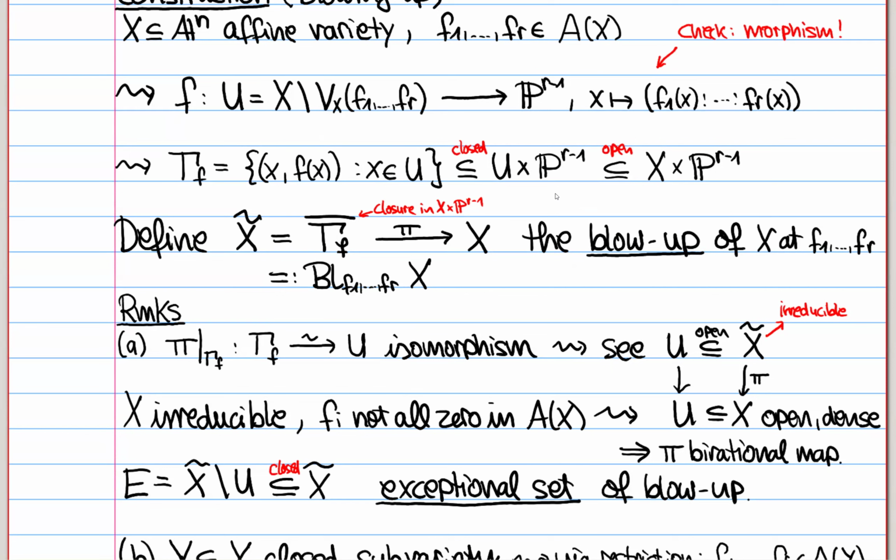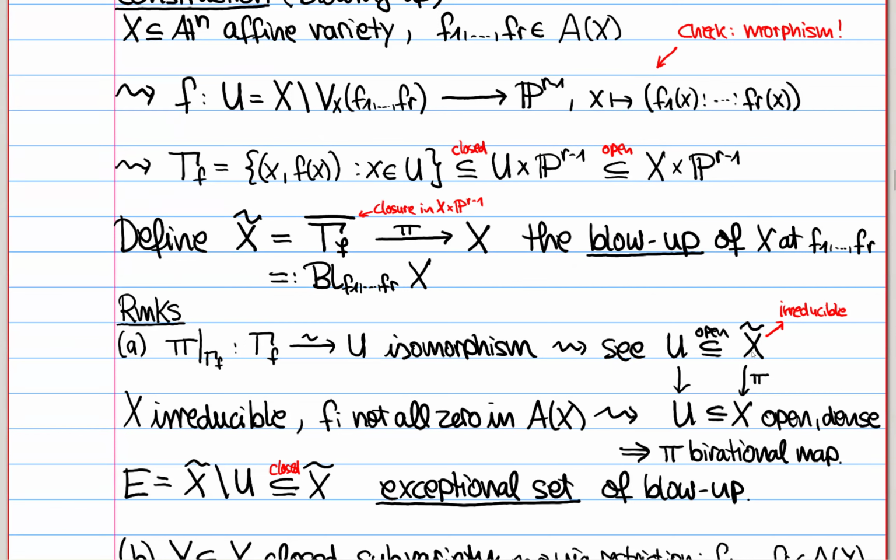So what I'm saying here is, it's a purely topological claim that taking the closure inside here and then intersecting again with U cross P^(r-1) just gives you back gamma f. This uses one of these exercises that we had on an exercise sheet that said since this is closed, the closure doesn't add anything inside U.